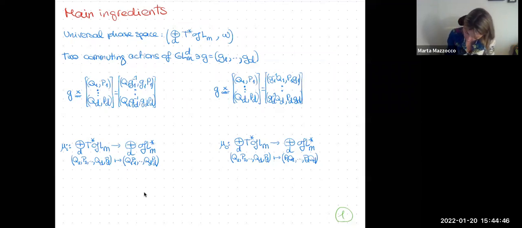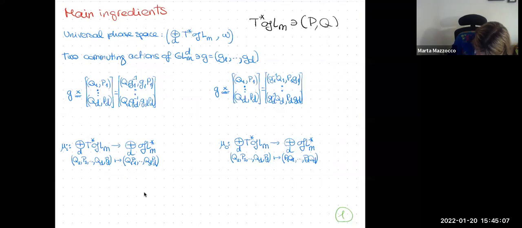Okay, and on the copies, we can put a symplectic form, which is the easiest possible one, namely on every T star, if I express the local coordinates as p, q, I will take the form dp ∧ dq.